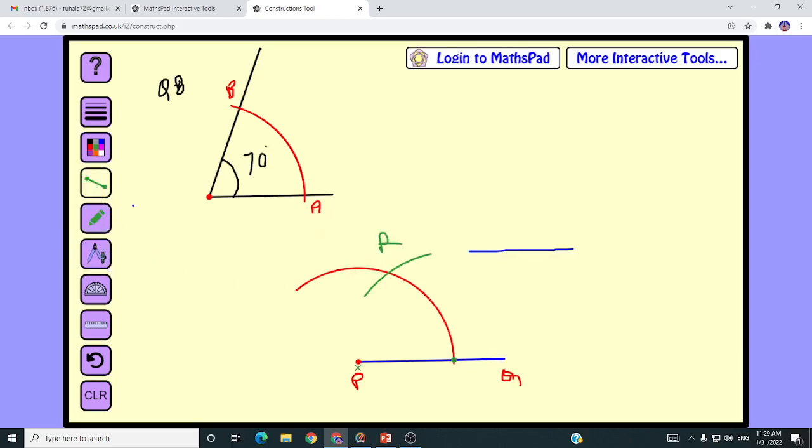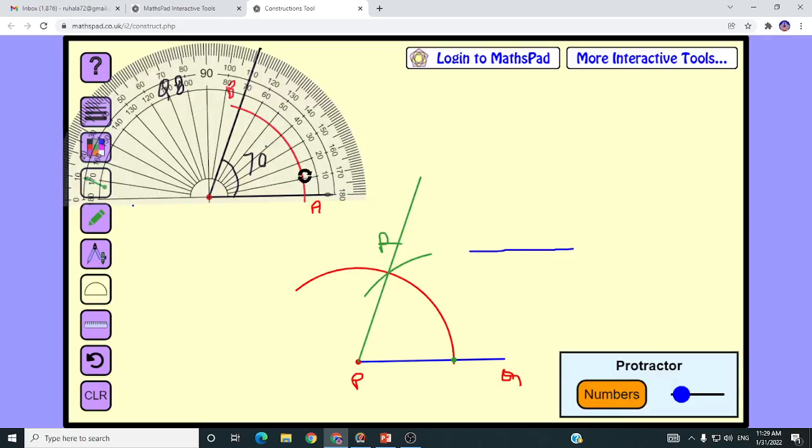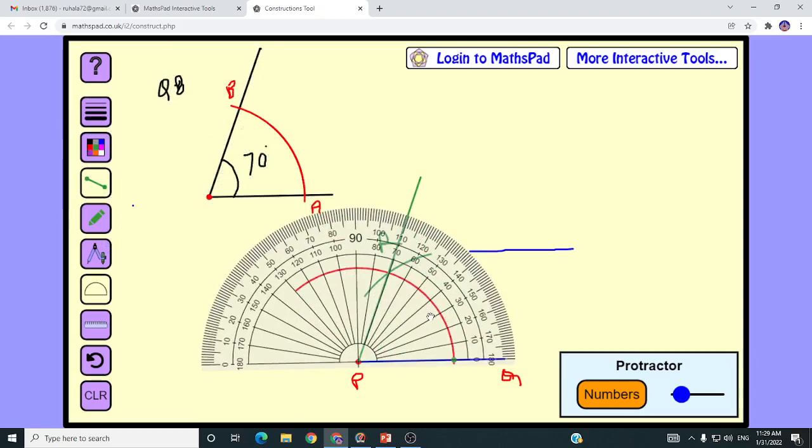Join P to R. Now measure to check the answer. This is 70 degree. Also check it, this is also 70 degree. So we made a copy of this angle with the help of only a straight edge and a compass. This is our question number 8. Clear?